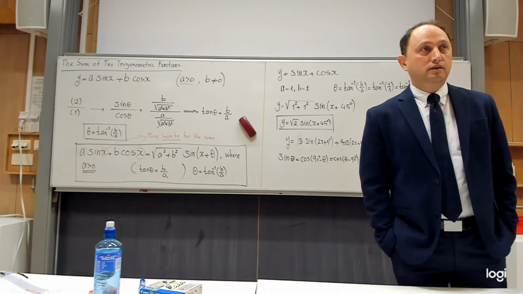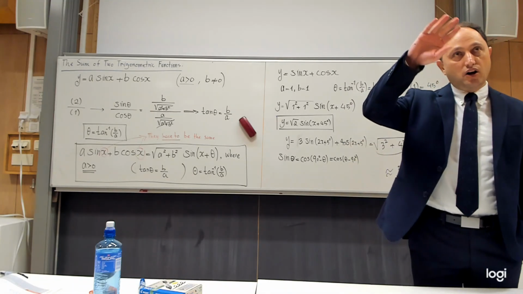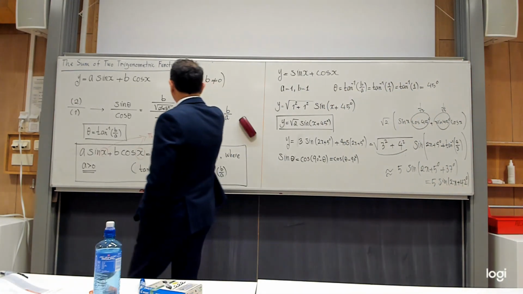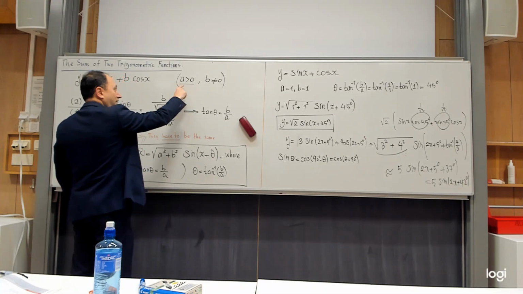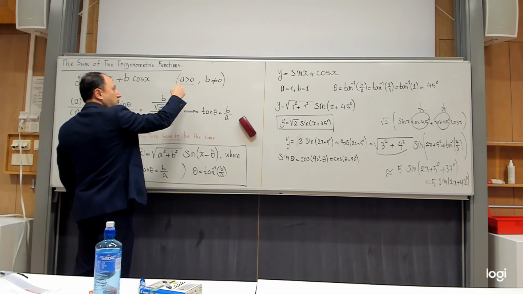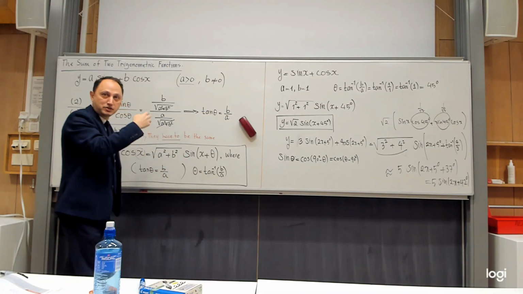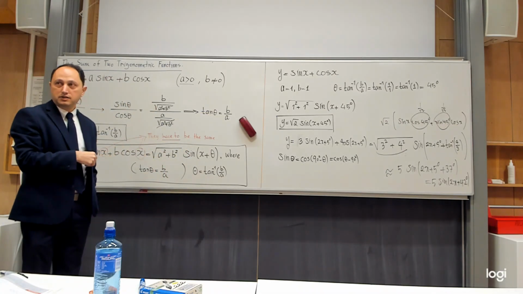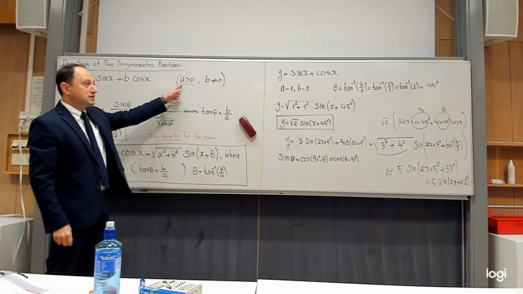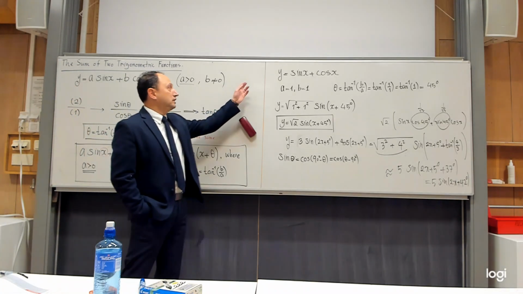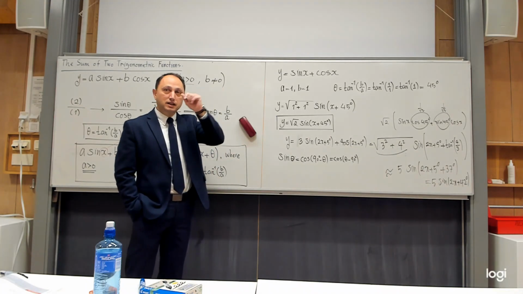In which quadrant? Yes, so it was on the right semicircle. A being positive comes into the game when I wanted to show you that the point P, do you remember, lies somewhere on the right semicircle. But if A is negative, then the point will lie on the left, and the angle will no longer be between minus 90 and 90, yes?